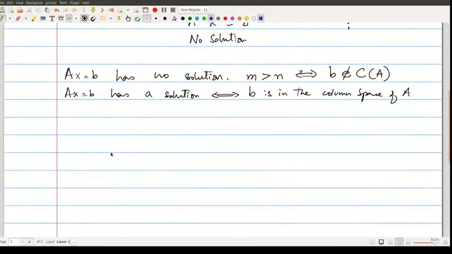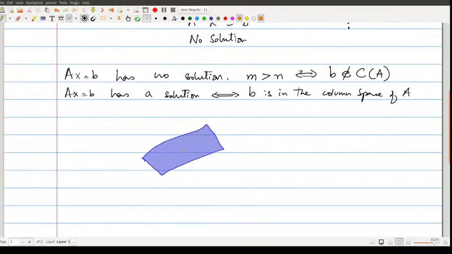Let's say we have the column space of A, and it's a plane like this, right? That's the column space of A. Now I want to solve the equation Ax = b for a vector that's not inside this plane.